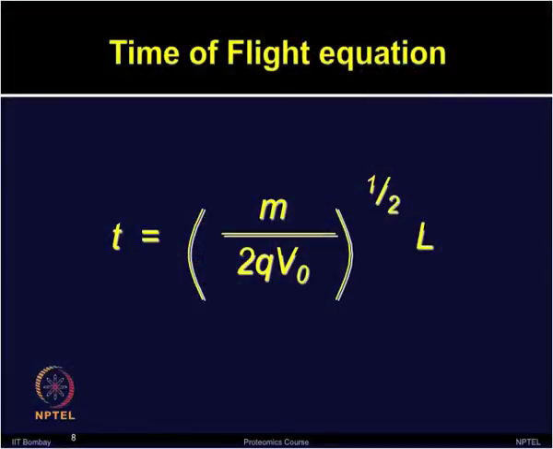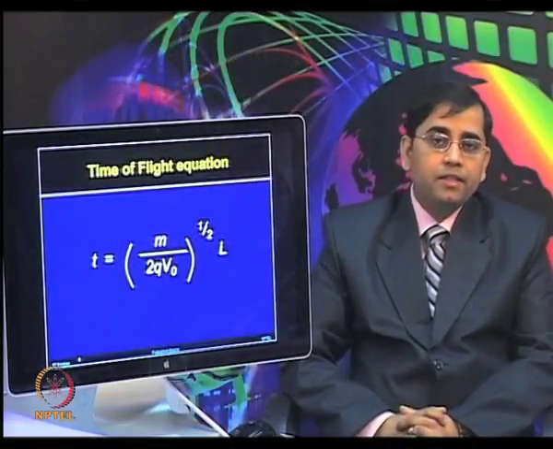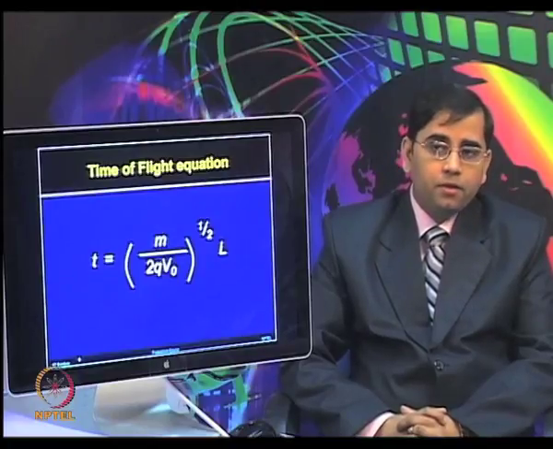The time of flight of a charged ion can be calculated by using the equation shown in this slide. The flight time is directly proportional to the square root of the mass of the ion. In this equation, T represents the time of flight, m is the mass of the ion, q is the charge on the ion, V0 is the accelerating potential and L is the length of the flight tube.